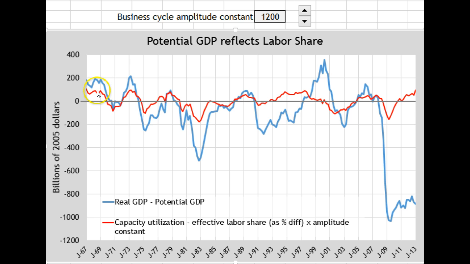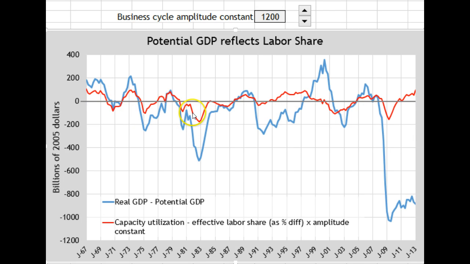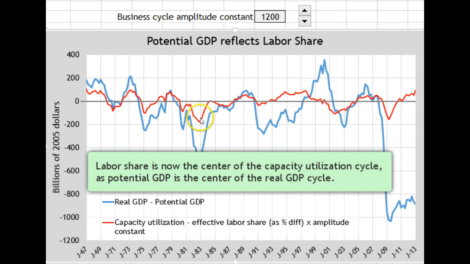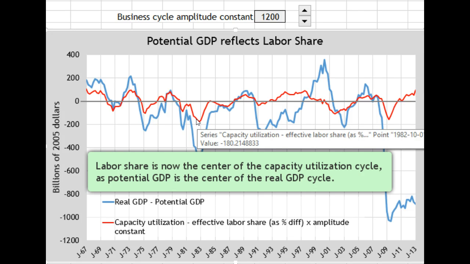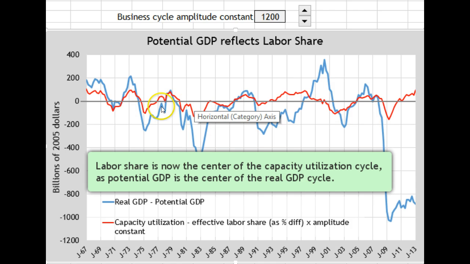When you see the red line above 0, capacity utilization is above effective labor share. When you see the red line below 0, capacity utilization is below effective labor share. And so effective labor share is now this 0 line. You can see capacity utilization moving below and above it.